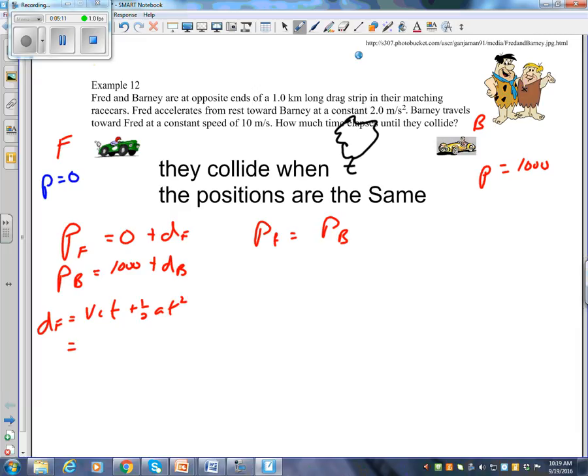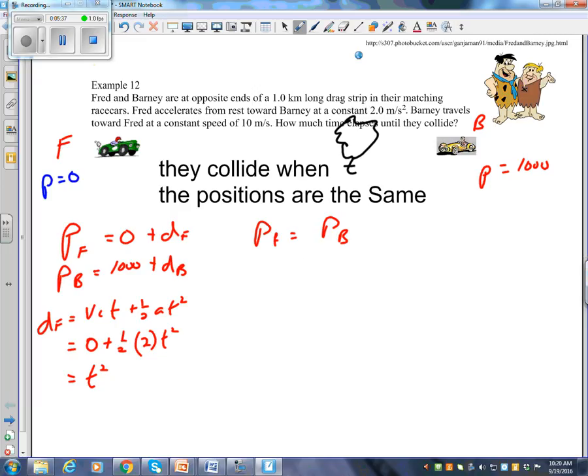Initial velocity, 0, times whatever time gives me 0, plus 1/2 of the acceleration, which was 2, t squared. So in other words, Fred's displacement is 1/2 of 2t squared, which is 1t squared, or just t squared.